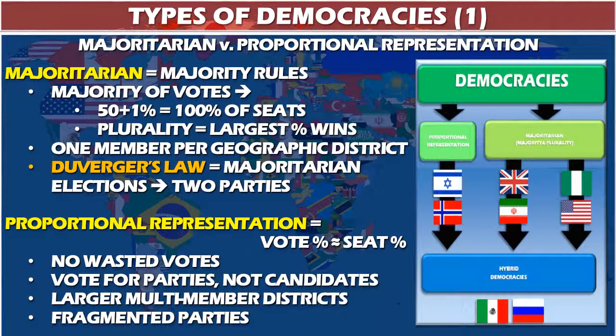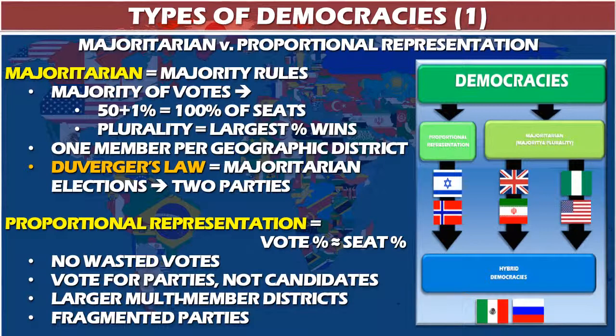What you often see along with this is one member per geographic district. In some places these are just drawn representing geographical areas. In other cases there's an effort to make them equal as far as the number of people living in each district. One thing about majoritarian systems is that they have something called Duverger's law.